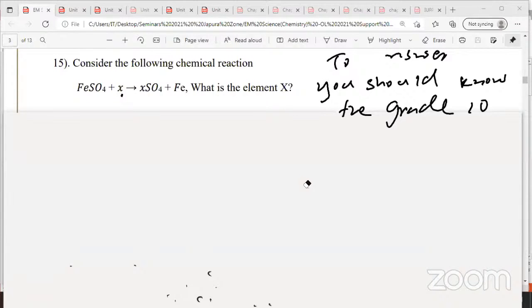To answer this question, you should know the grade 10 activity series. Please study the activity series, otherwise you will find many questions difficult in the O level paper.